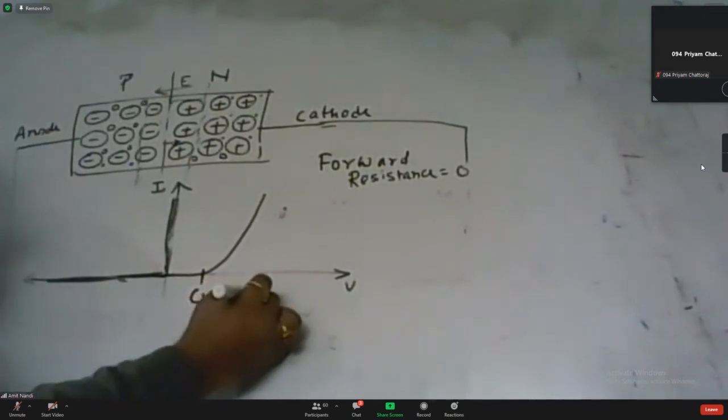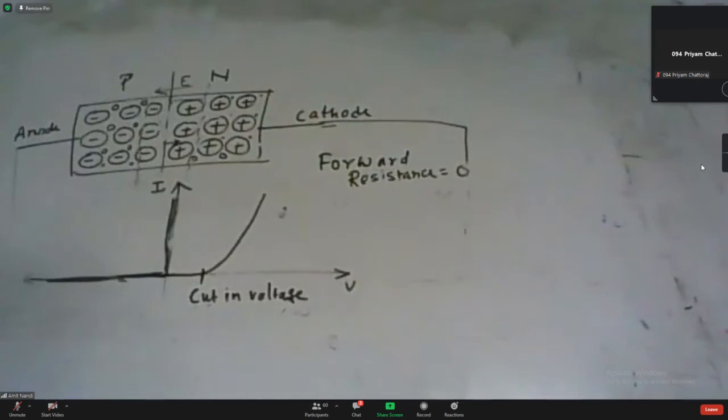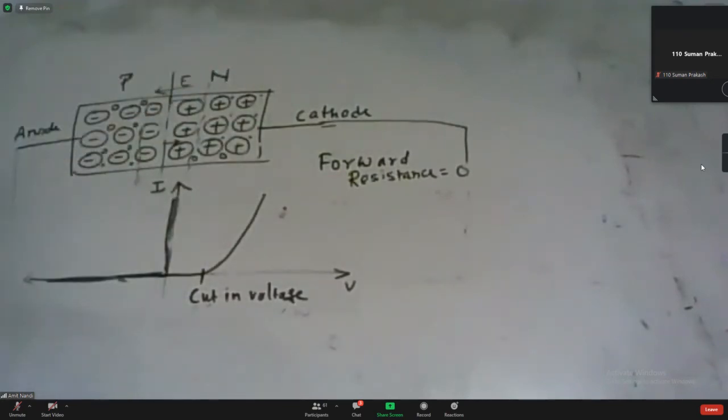That voltage is required to overcome the barrier potential. After that, we see that the current increases exponentially due to the application of voltage.